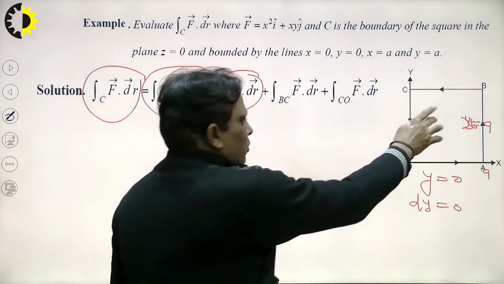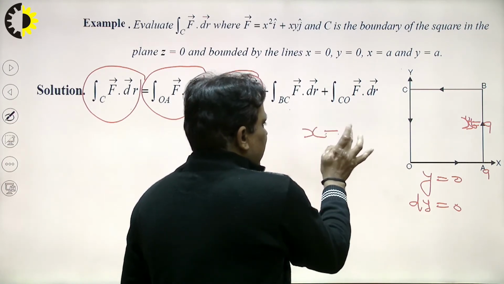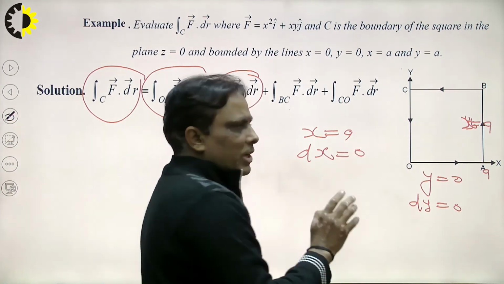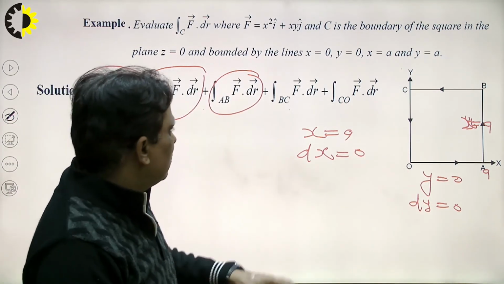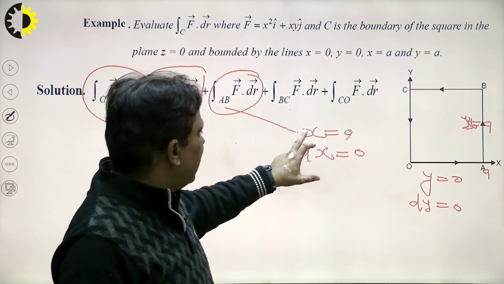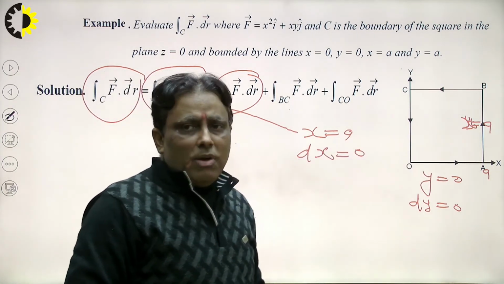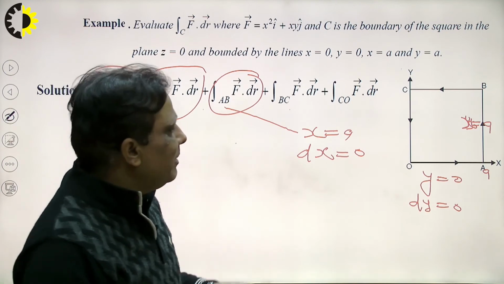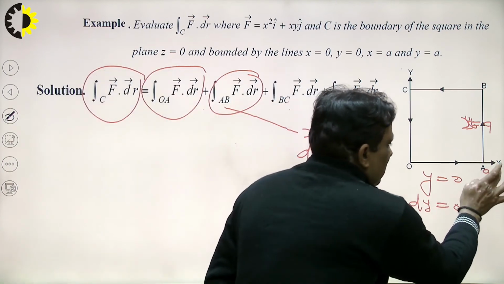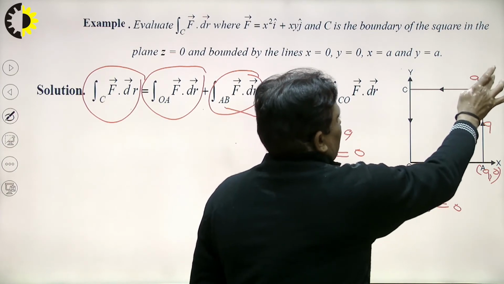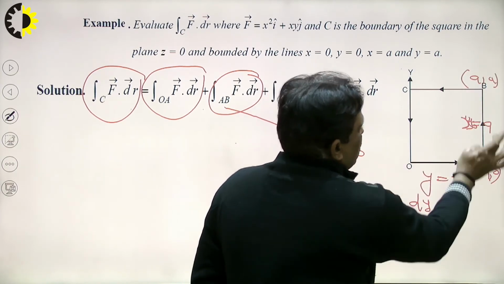Suppose x is equal to a, so dx is equal to 0 here. That means all terms are calculated in terms of y. So in the case of AB, I put x equal to a and dx equal to 0. The total limit is converted into y, and what will be the limit of y here? It goes from a comma 0 to a comma a, so the limit of y will be 0 to a here.